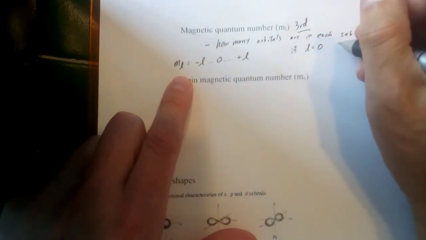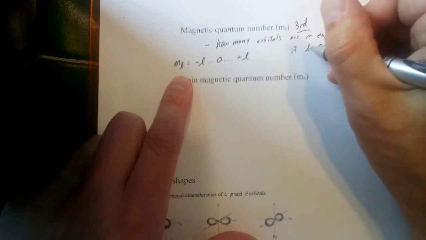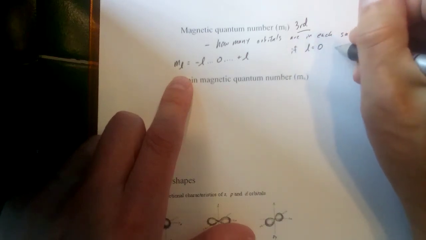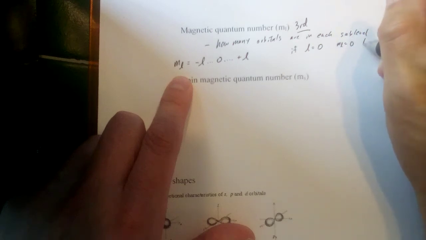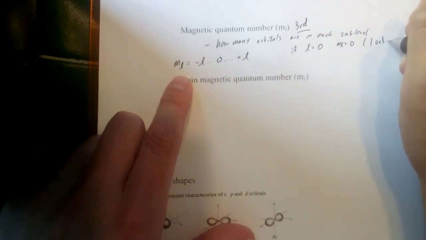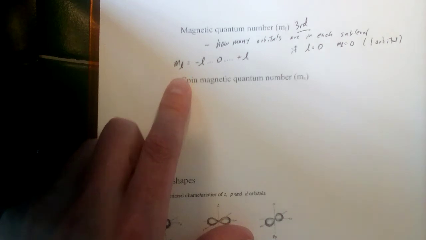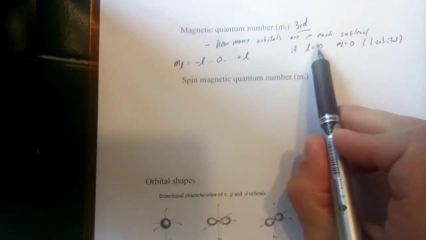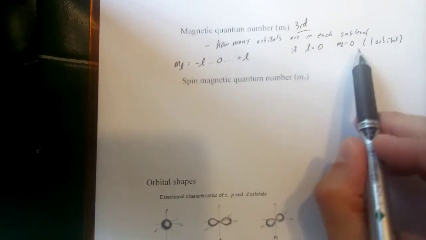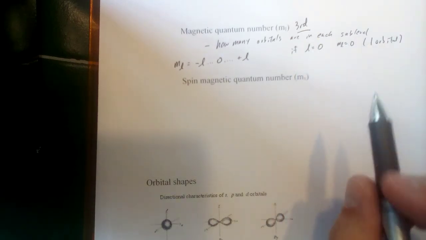So if L equals 0, which is just an s, we don't know it's 1s necessarily there. m sub L equals 0, and that means one orbital. If there's one value of m sub L, there's one orbital in that sublevel. So any s sublevel, regardless of whether it's the 1s, 2s, 3s, or 4s, just has one orbital in it.